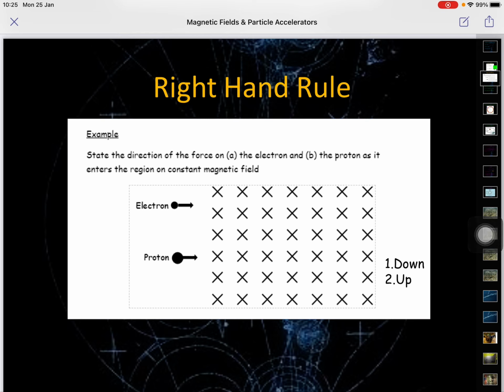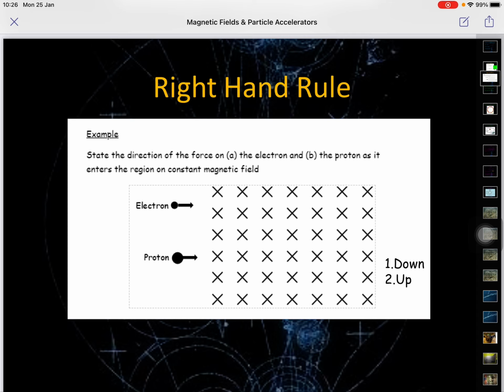Because your first finger is the field, you make almost like a gun, put up your right hand and point it into your page, because your first finger's going in, and that tells you the field is going in.